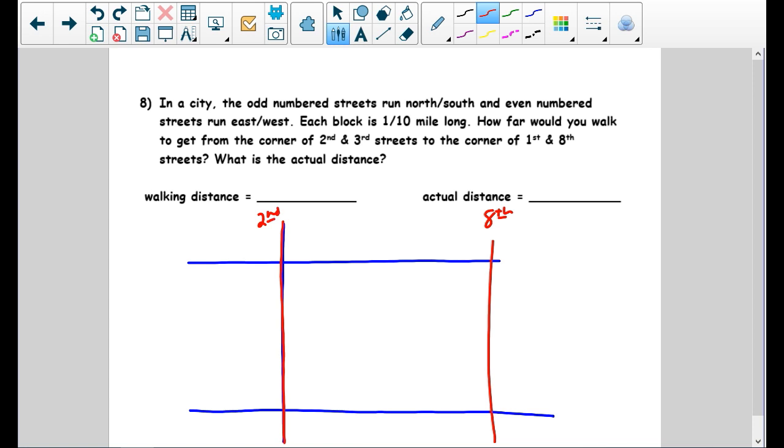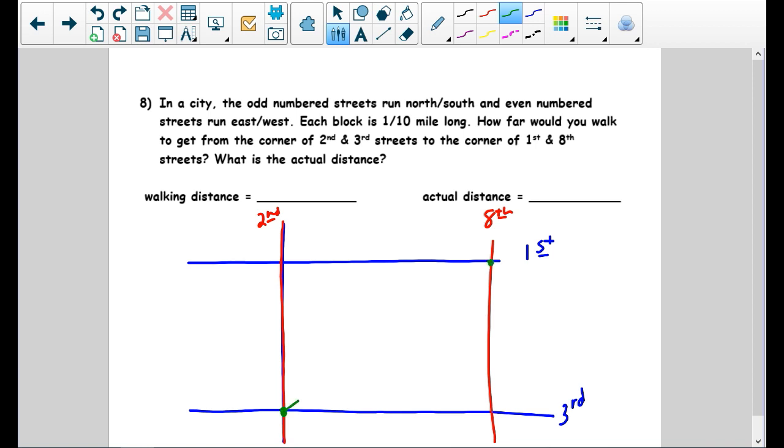Okay, north and south. East and west then run odd streets, so 1st and 3rd. They want to know from the corner of 2nd and 3rd to the corner of 1st and 8th.